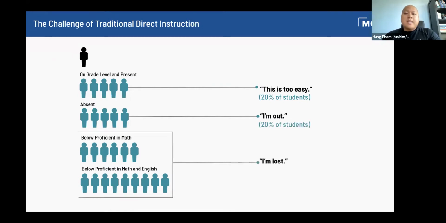And then we have a good group of students who may or may not be below proficient in math and English, students who may need extra supports because they have IEPs, 504 plans, or are emerging bilingual learners who just need some extra support that might be missed when we are in front of the classroom and we can't really go to the one, and we have to teach to the 24 or so, which is a decision that often we as teachers are making.